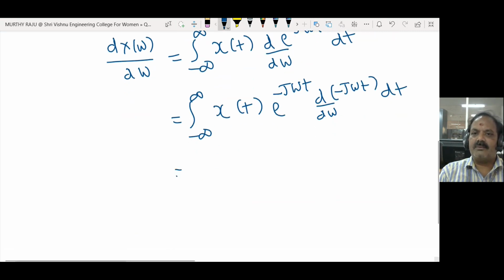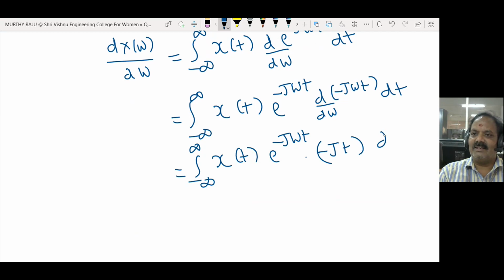That is equal to the integral from minus infinity to plus infinity of x of t e power minus j omega t, d by d omega of minus j omega t is minus j, dt.